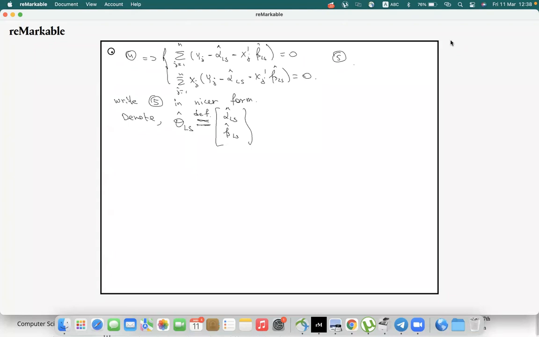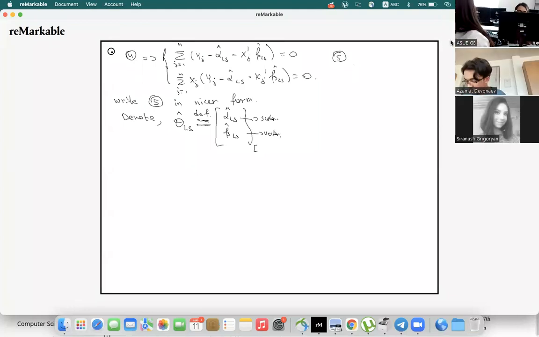What is the size of it? Can you tell me? Alpha is a scalar. This is the vector, dimension k by 1. So what you have here is 1 plus k rows and 1 column, right?